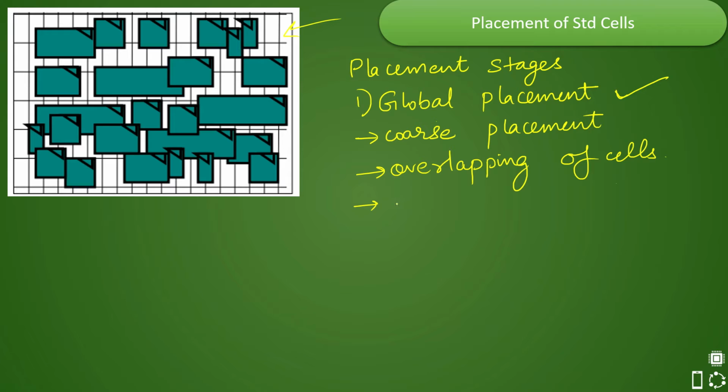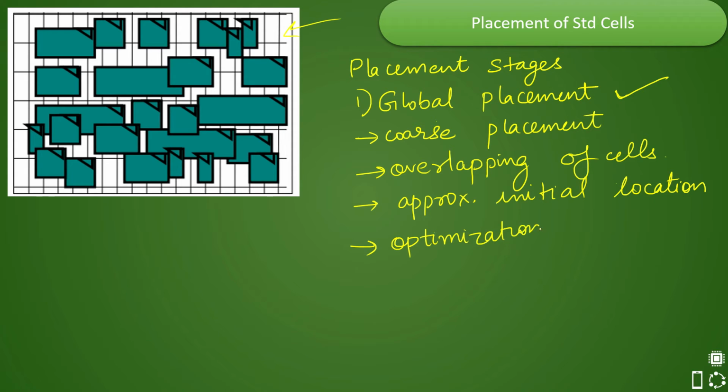Because here the tool has only taken the approximate initial location for the first stage of placement. This is not exact, and legalization has not happened, so overlapping of cells is possible. It is just an approximate initial location, or you can say the first stage of optimization, and that is based on your timing, for the approximate first initial iteration which the tool does.